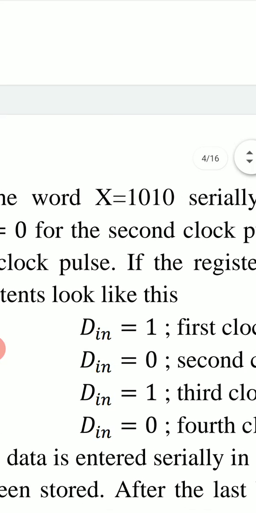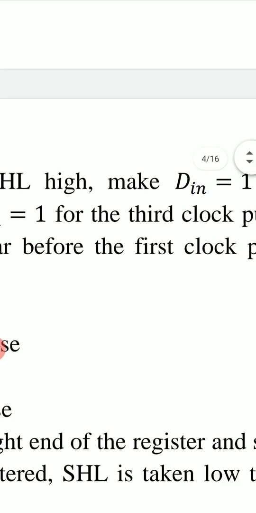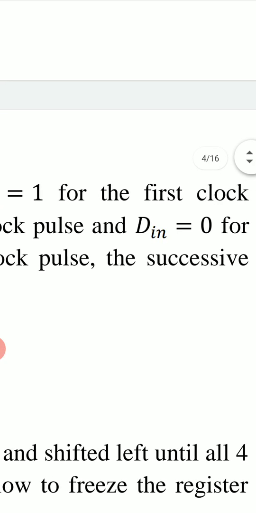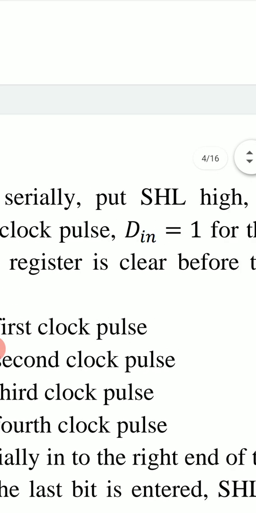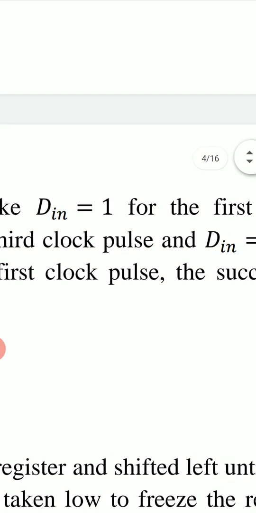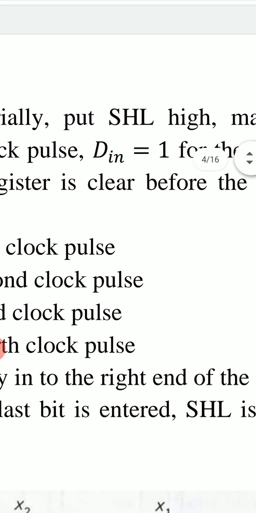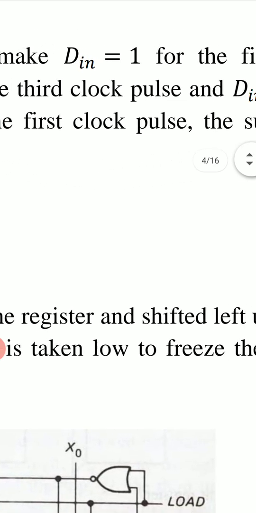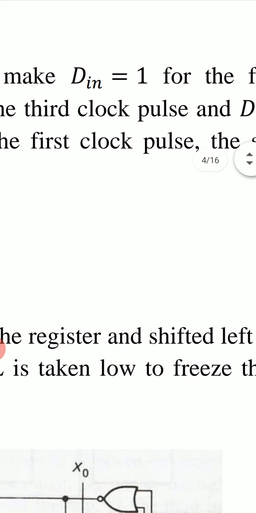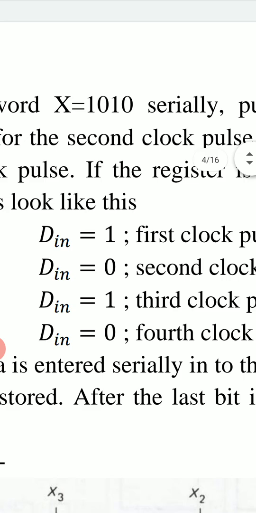So initially the next positive clock edge will produce the word. If we make D in 1, then the produced word will be 1000.